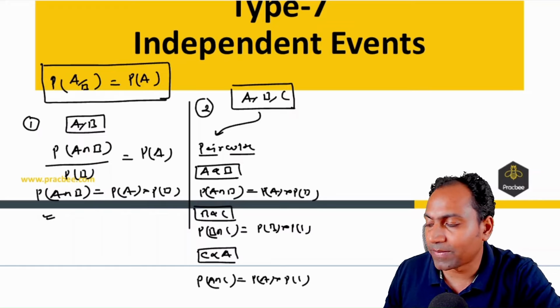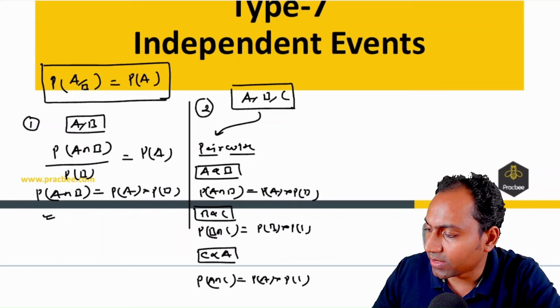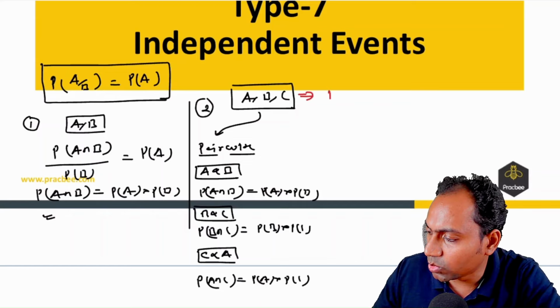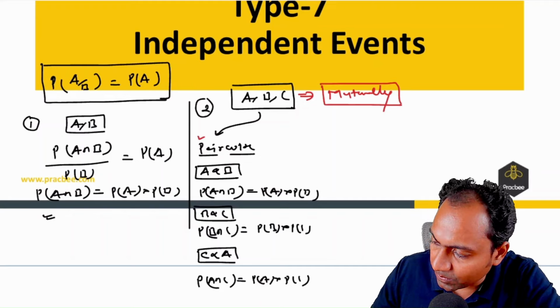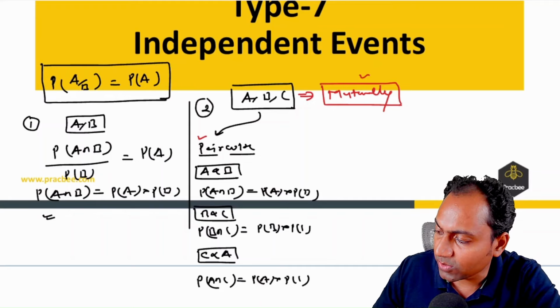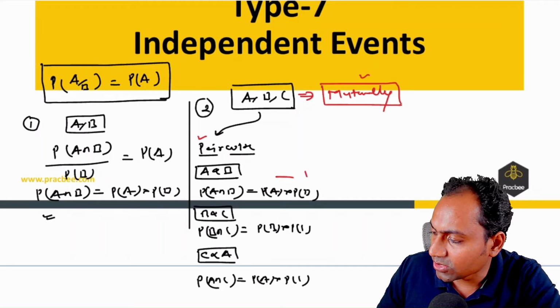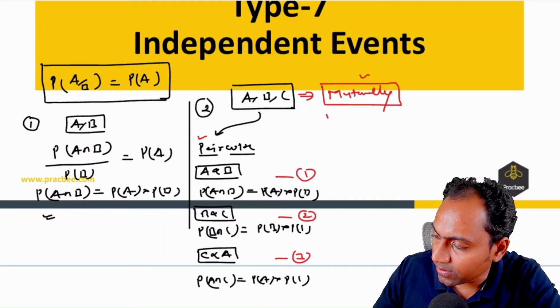Another scenario that might appear, and this is very important, is when we talk about mutually independent. This is another word that you need to look out for. Whether the question is talking about pairwise or mutually, you should pay attention, because all these three conditions, 1, 2 and 3, are still going to be here.